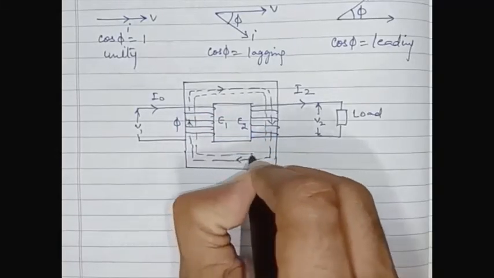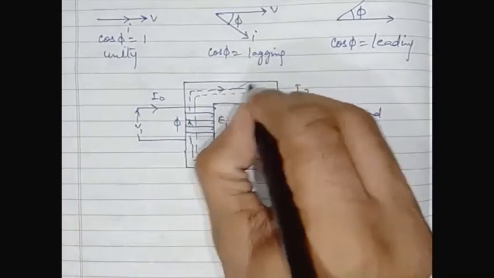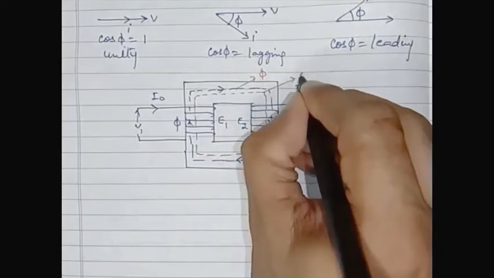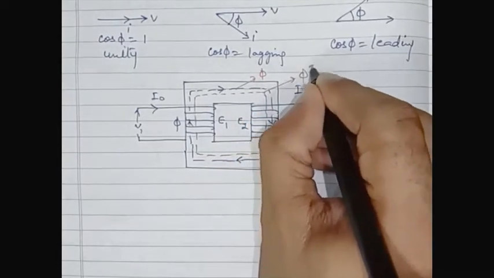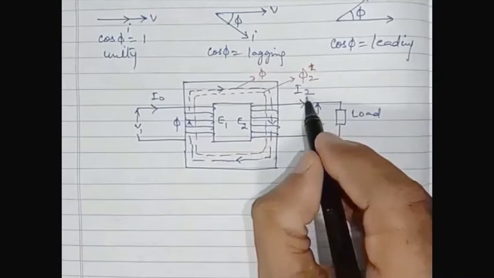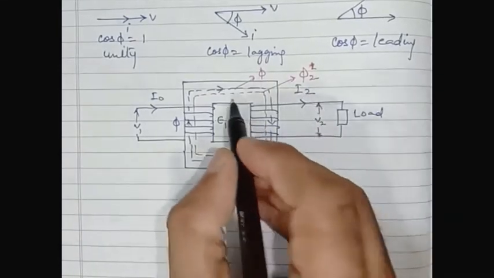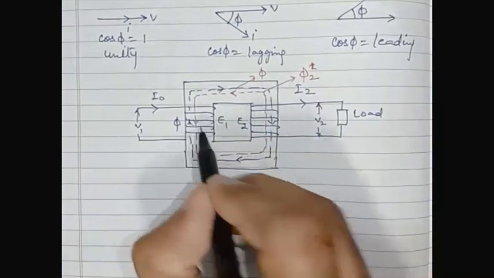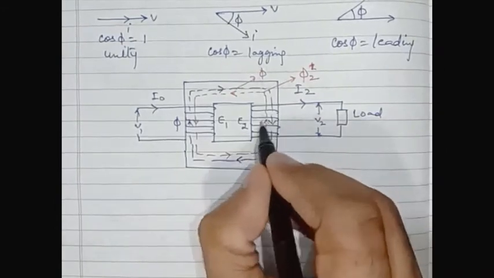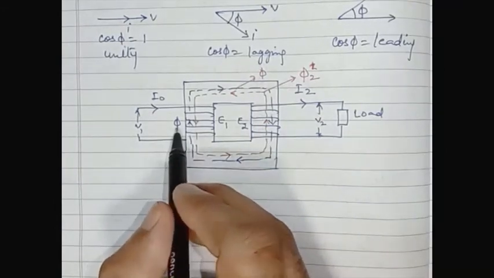It opposes the main flux, which means the main flux gets demagnetized.